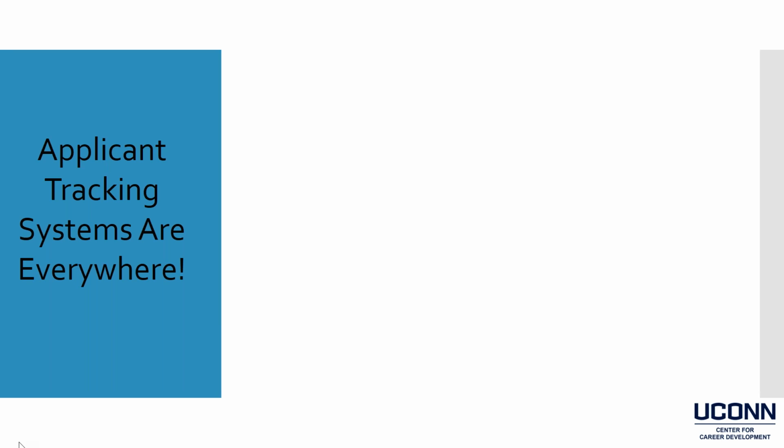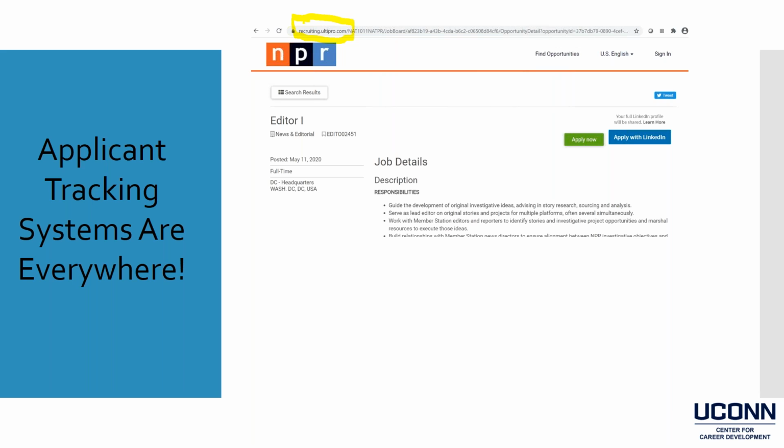Where are these systems? They're nearly everywhere, and there are hundreds of different systems. You can sometimes see the applicant tracking system in the URL of the job posting or in the online application window. Here's one example.